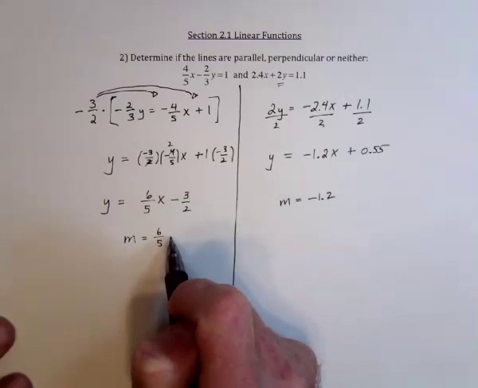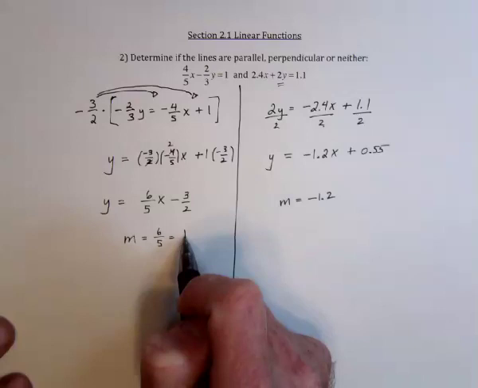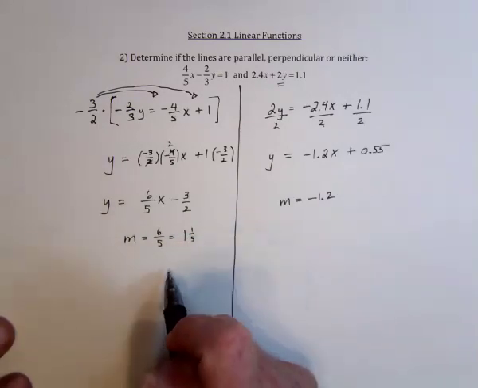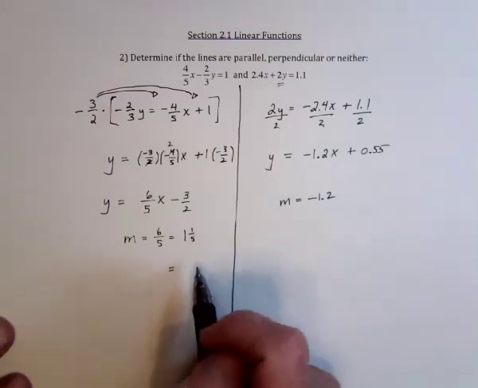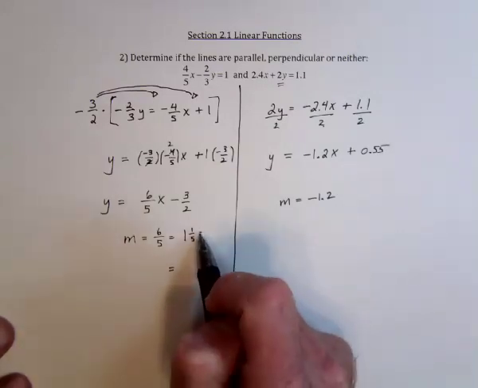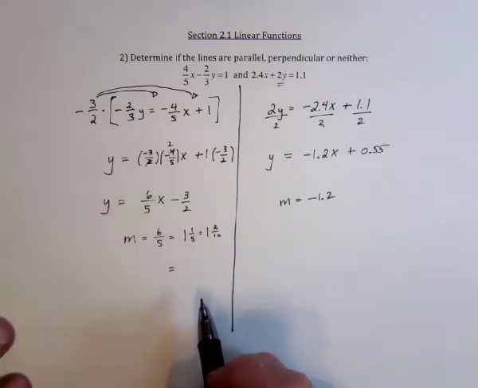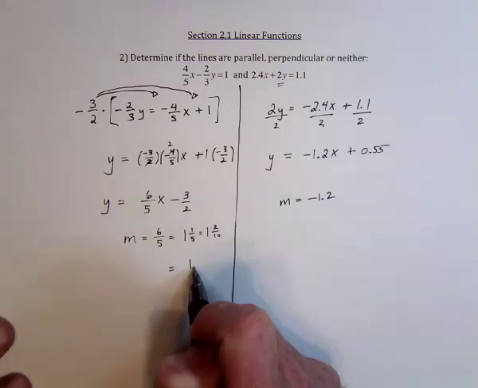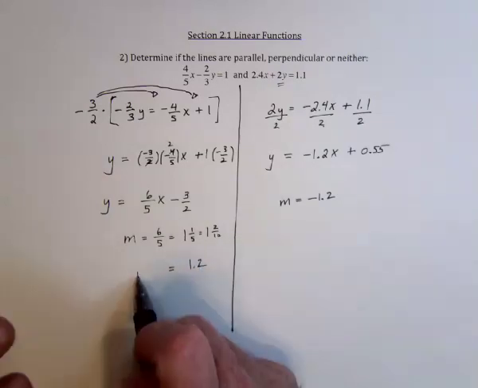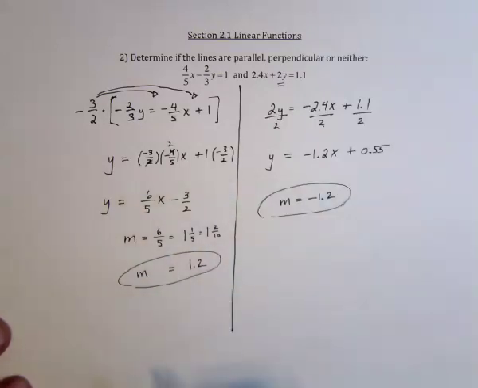How about if I change this one to be a mixed number first of all, so it would be 1 and 1/5, and then 1/5 as a decimal is a 0.2, because 1/5 is the same as 2/10, and if it's 2/10, that's exactly what that's saying, 2/10. So we've got 1 and 2/10. So the slope for one of them is a 1.2, and -1.2 for the other one.